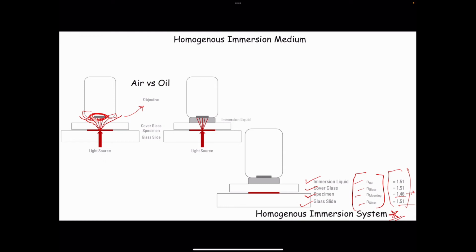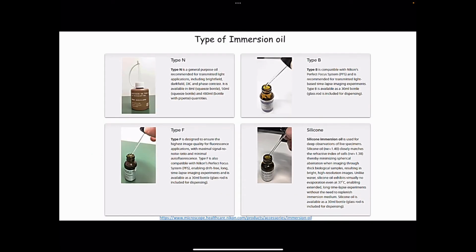Now after looking at all of this, let's go and see what different types of immersion oils are available for light microscopy. Typically, I will be showing here some oils which are specifically offered by Nikon. Nikon synthesizes all of these oils, and most of them are developed and tested specifically for use with Nikon objectives. If you go and search for the objective that your lab has, you will be able to find that.